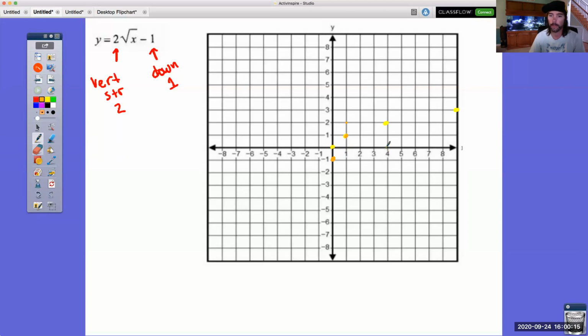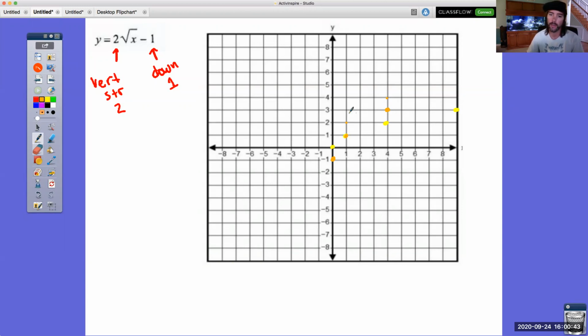The third point, 4, 2. It has a height of 2. Stretch it by 2. 2 times 2 puts a new height at 4. And now move it down 1. So I stretched it to the smaller dot, translated it down 1. That one doesn't land in the same spot. The last point, 9, 3.